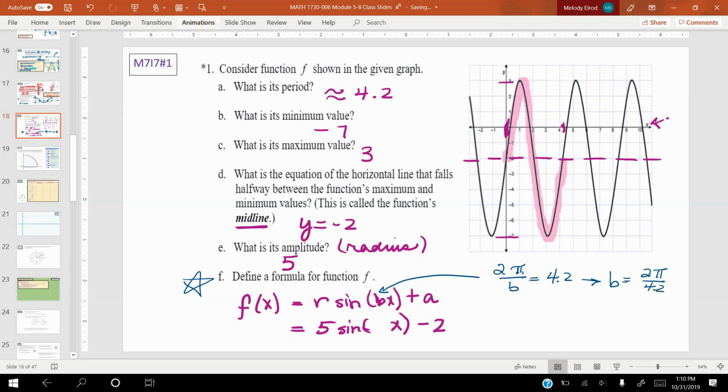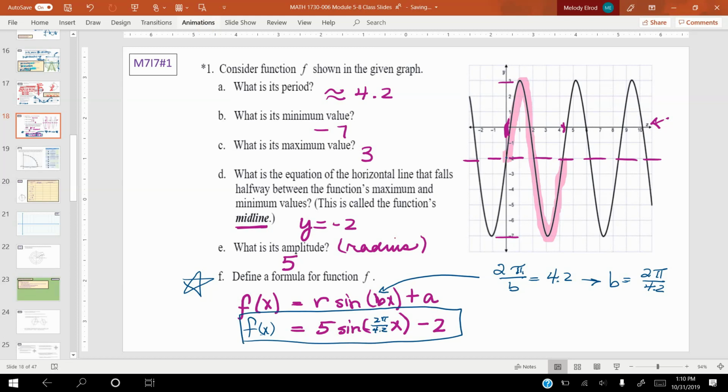We can either do the actual calculation, that's fine, or we can just leave it as 2 pi over 4.2. I don't actually care. So I'm going to put 2 pi over 4.2 right here, and this would be the function that we're looking for. That would be the formula for this function. All we have to figure out is the radius, the speed, and the vertical shift, and then we've got it. So that's pretty simple.